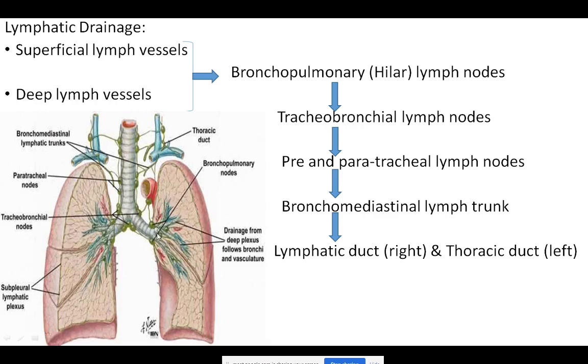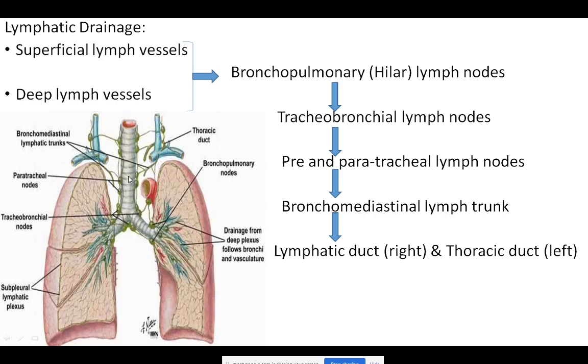Over here, these are the bronchopulmonary lymph nodes. Both deep and superficial drain to the bronchopulmonary lymph nodes and then to the tracheobronchial lymph nodes, superior and inferior, and then subsequently to the paratracheal lymph nodes.